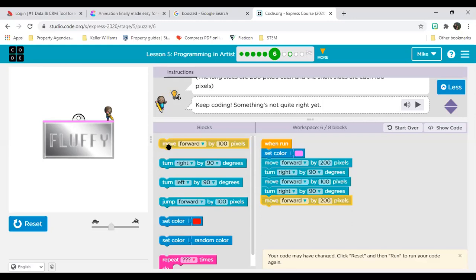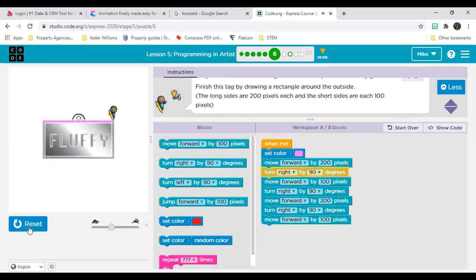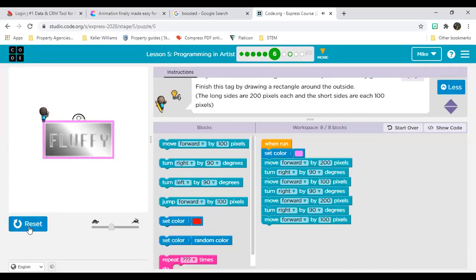Turn right by 90 degrees and move forward by 100. So we can quickly reset and we can check. There we go.